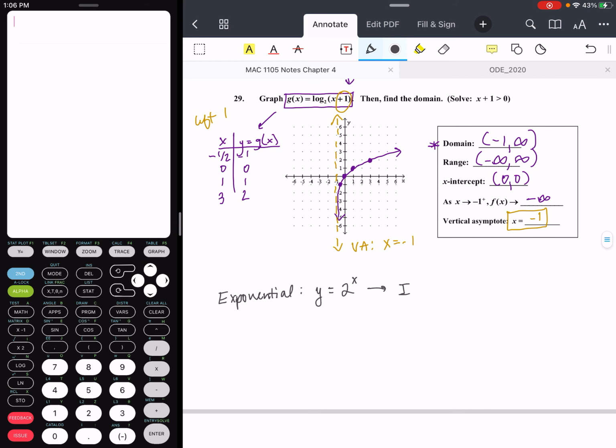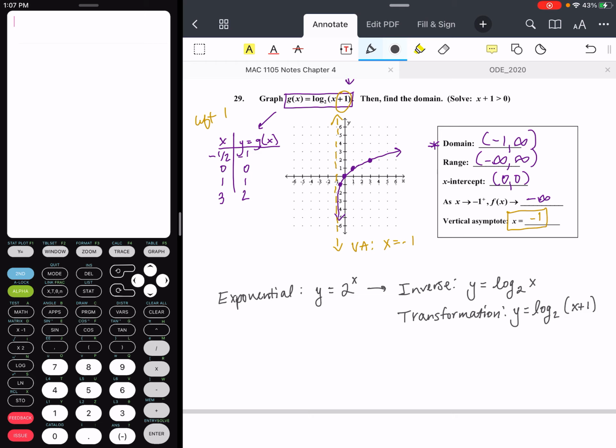We know that its inverse function would be y equals log base 2 of x. And then we used a transformation to shift this into y equals log base 2 of x plus 1.